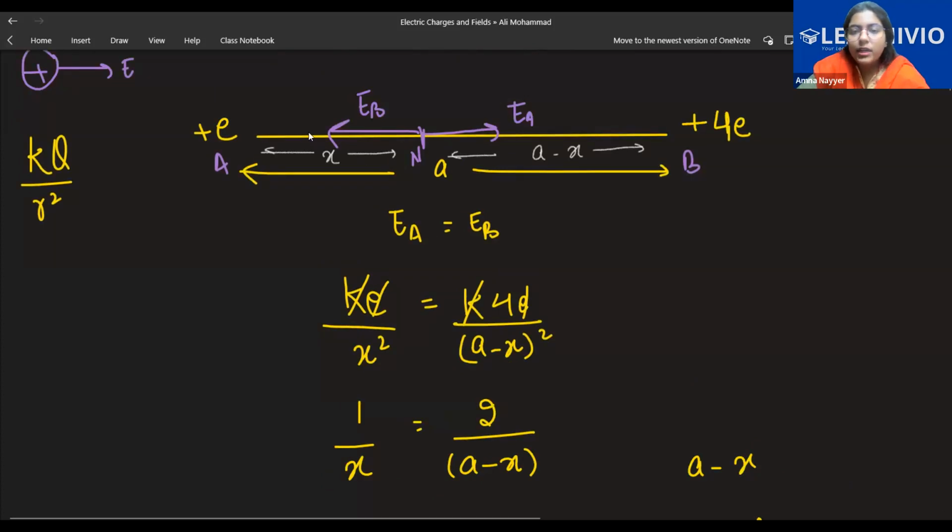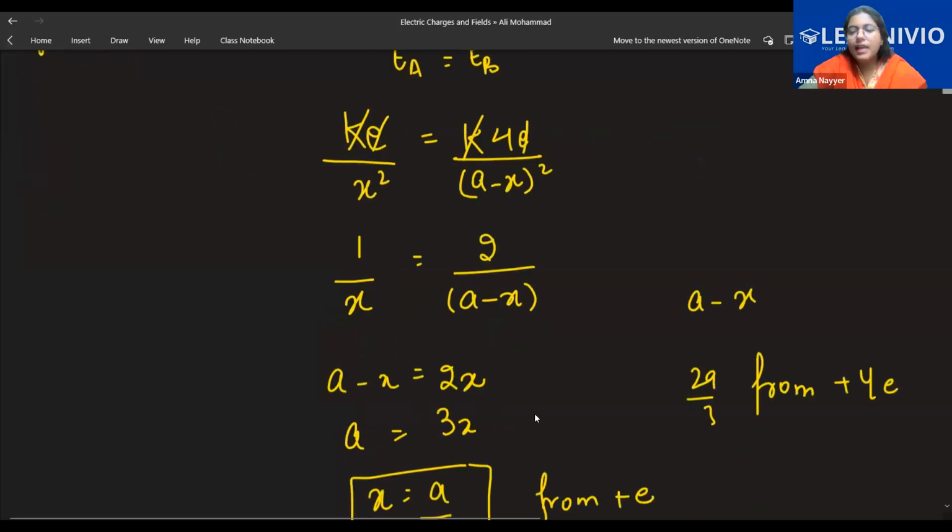Now look, when you are calculating EA, here EA and EB both are equal. The general formula of electric field due to a point charge is KQ by R square. So EA becomes K into E divided by X square, and here we have K into 4E divided by (A minus X) whole square. Now, when you solve this, you get the value of X as A by 3.